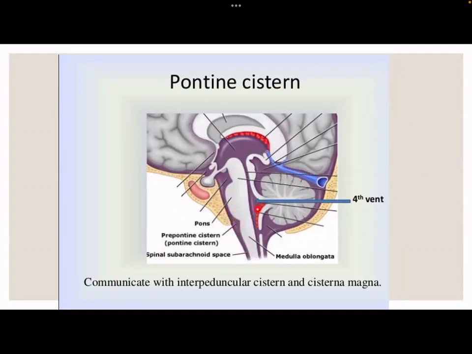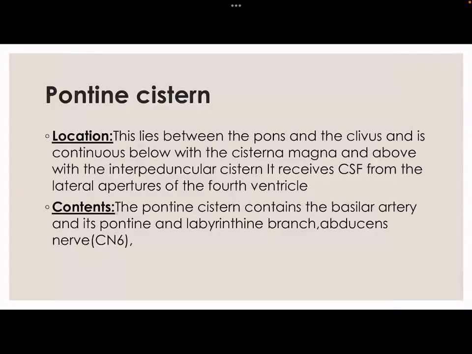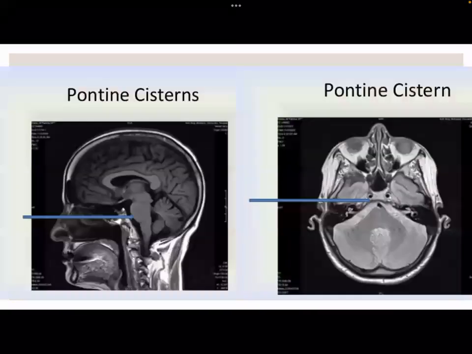It receives the CSF from the fourth ventricle via the lateral apertures of the fourth ventricle, the two foramina of Luschka. The content: the pontine cistern contains the basilar artery and its pontine and labyrinthine branches, also the abducens cranial nerve. Here's the MRI image. You can see here the pontine cistern between the pons and the clivus. And here's the axial image.